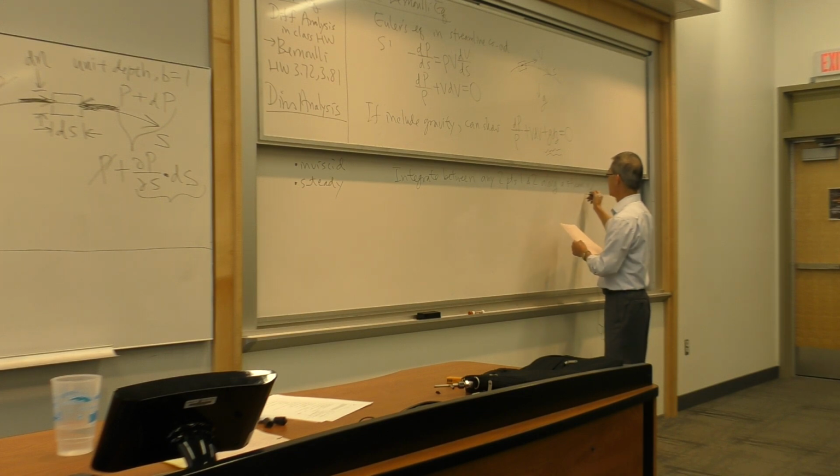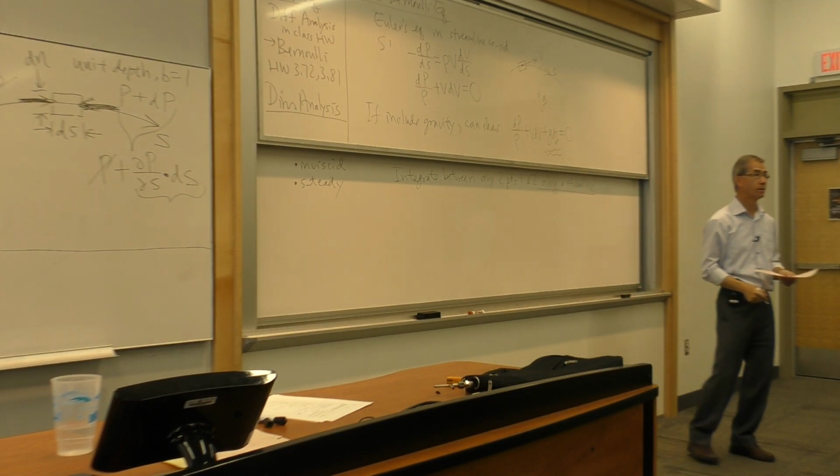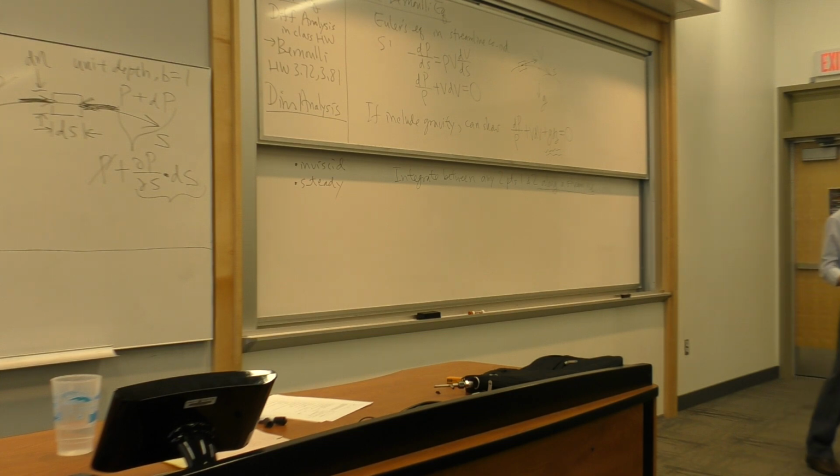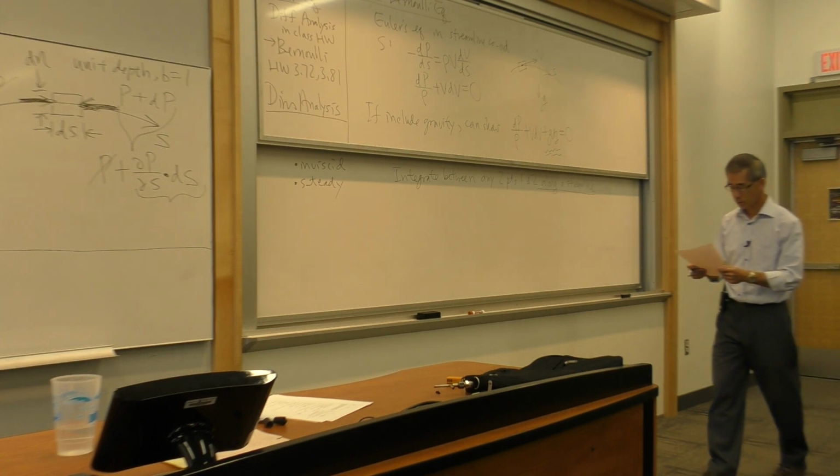So why do I have an assumption that Bernoulli can only apply when I can identify a streamline? This is right here now. Because in order to integrate, I have to integrate along my streamline from point 1 to point 2. If I don't have a streamline, I cannot integrate. Flow that is turbulent, flow that is chaotic, I can't use Bernoulli.